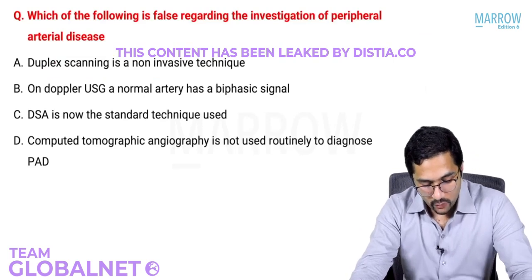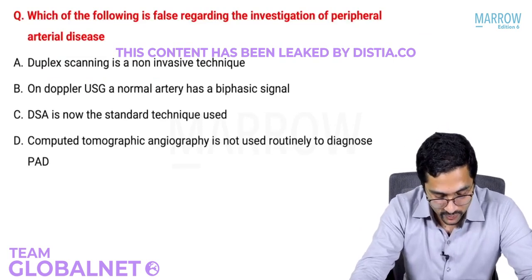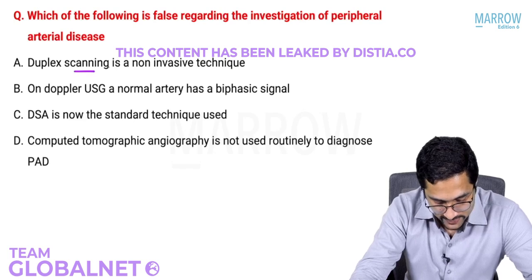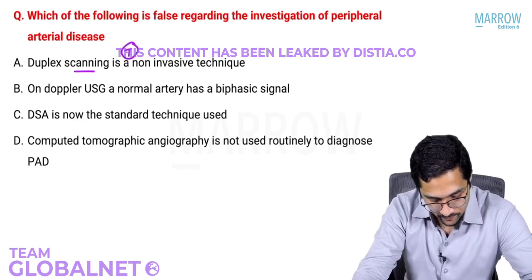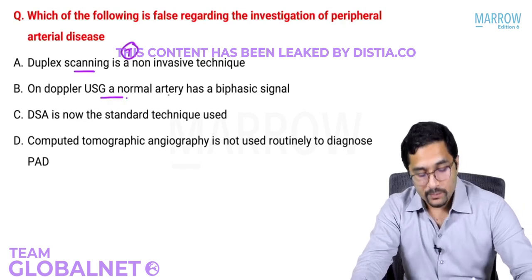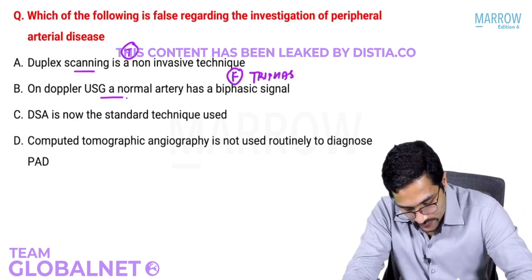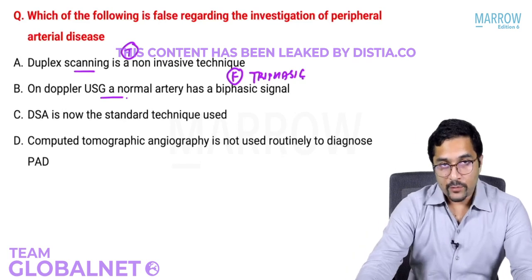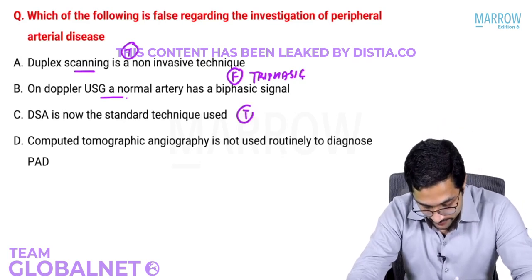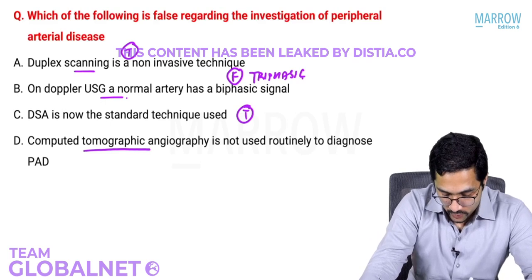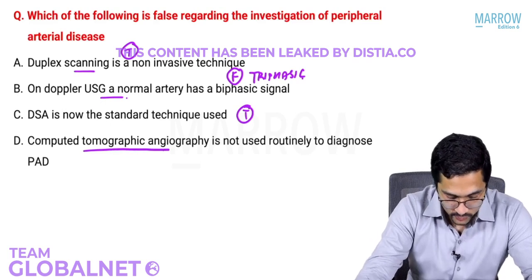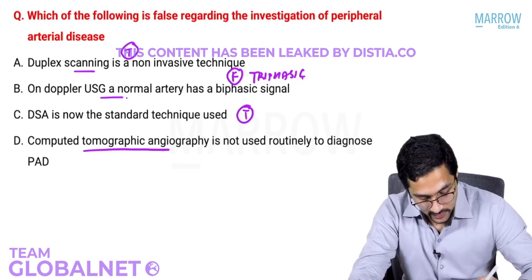Which of the following is false regarding investigations for peripheral arterial disease? Duplex scanning is a non-invasive technique. True. On Doppler, normal artery shows biphasic flow. This is false. I told you this is triphasic flow. Digital subtraction angiography is a standard technique. Yes. Computed tomography is not used routinely to diagnose peripheral arterial disease.